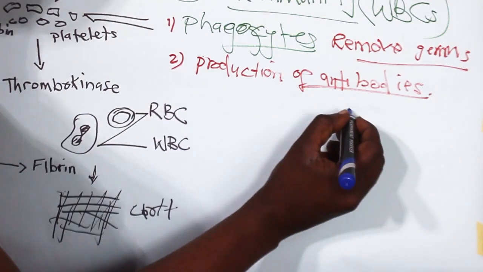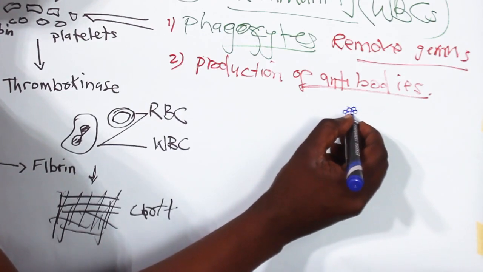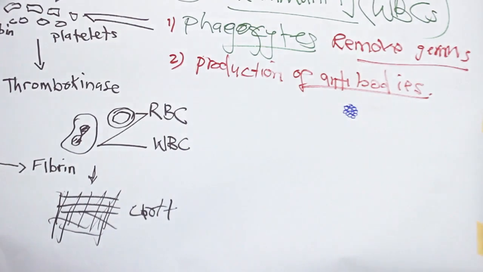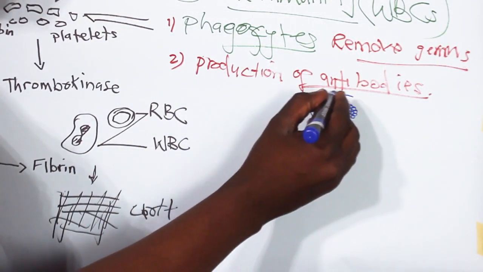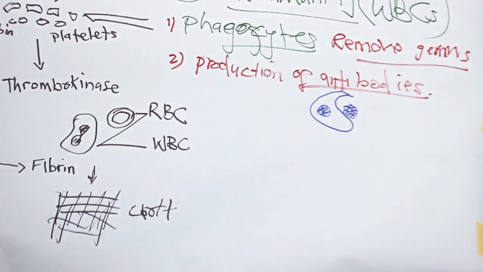Clumping together means these small microorganisms will clump together in one place, and when the phagocyte comes, it will just engulf these microorganisms.